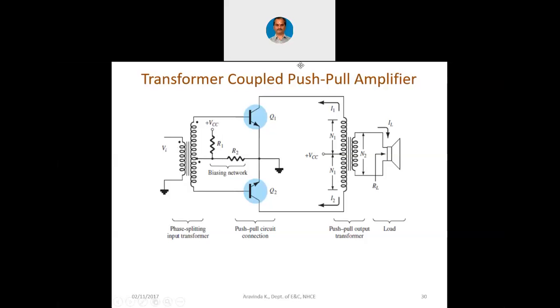Now you can have an oscillator here. Let me write an oscillator here now. There can be an oscillator here now, connected like this.